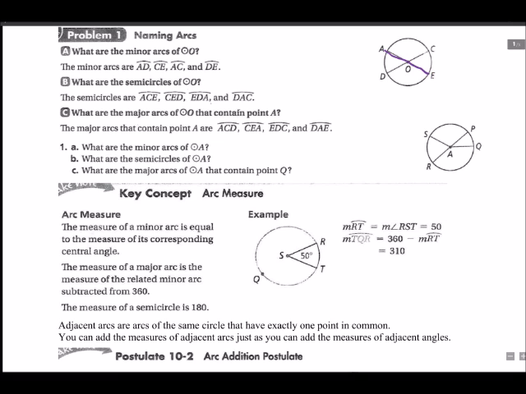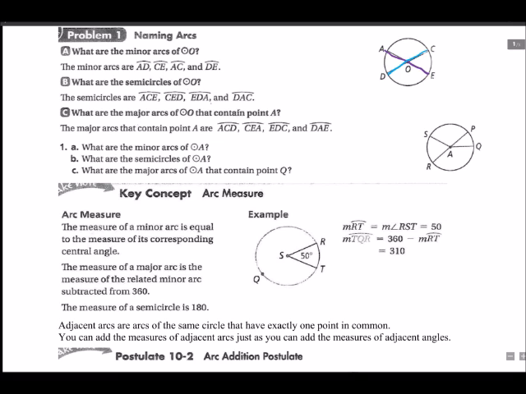So A through C to E. And our other diameter, C through E to D. And we can also go through E to D to A, or from D through A to C. So we've got 4 of them there.